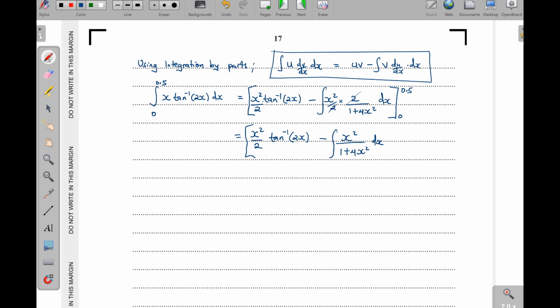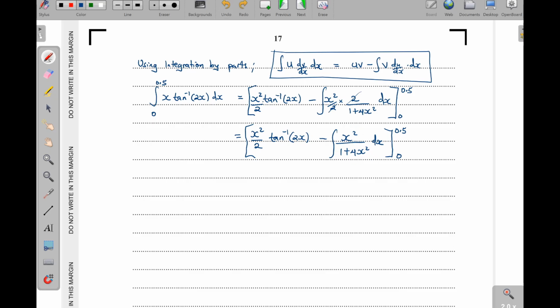Now, when we are integrating such an expression, the degree of the numerator is equal to the degree of the denominator.